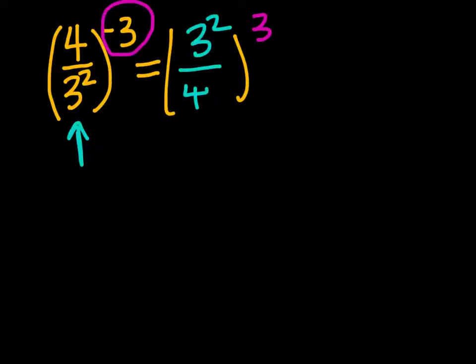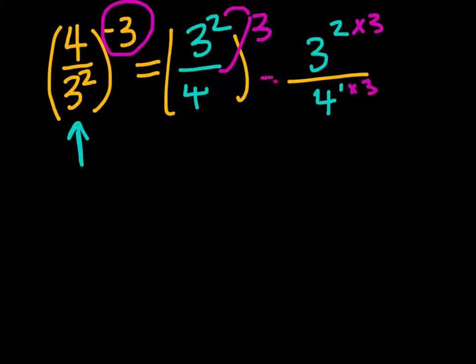After that, we're just using that distributive property for all the exponents. So we have 3 squared times 3, after that exponent is distributed in, over 4 to the 1st times 3. So that's what that equals.